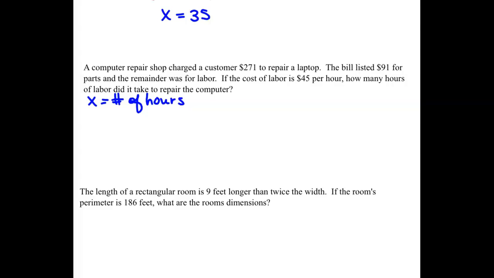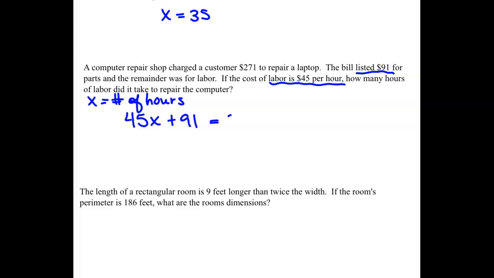And our total bill is based on the labor and the parts. So for the labor, we are being charged $45 per hour and we are using x hours of time. So 45 times x would be the amount of labor that we're being charged for. Then it says we had to pay $91 for the parts. That's just a flat fee of $91.